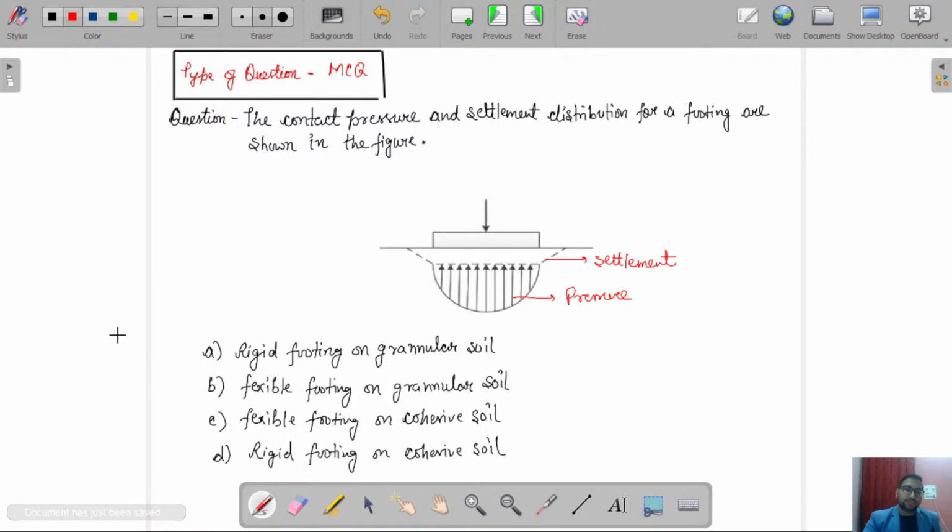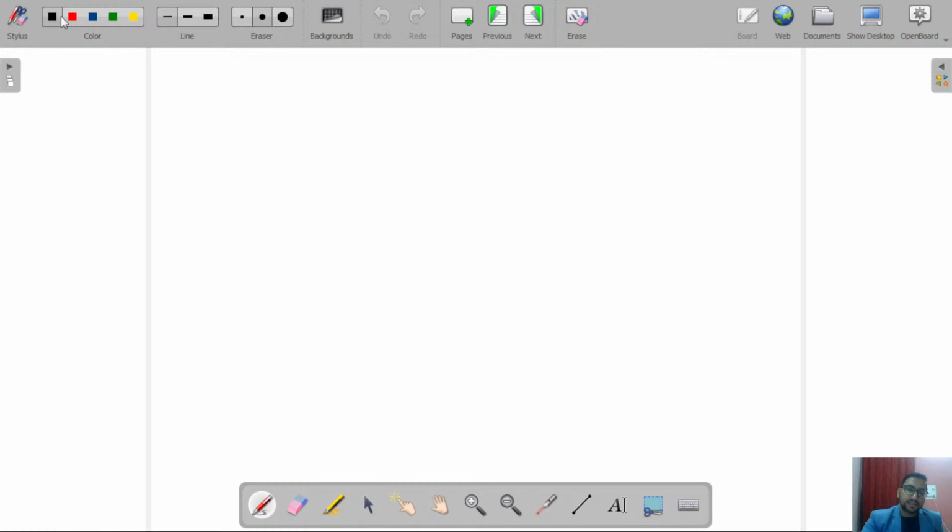This distribution is for... okay, let me discuss. B, flexible footing on granular soil. Okay, let's see. I will just ask you some questions, just answer.